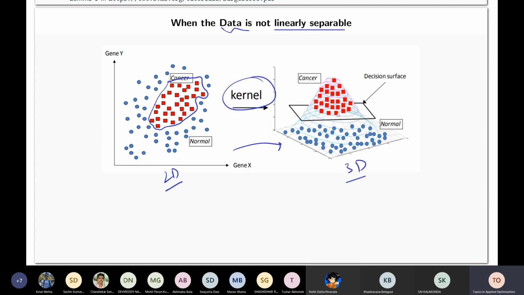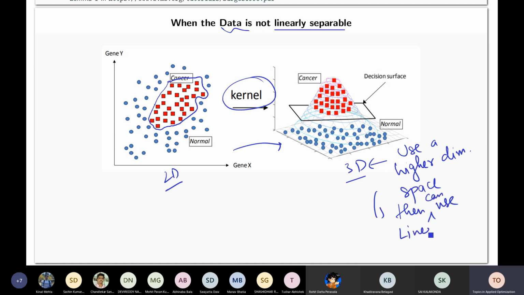If I do some kind of mapping and use a higher dimensional space, this is the price you pay: higher dimensional space, and then I can use a linear classifier.